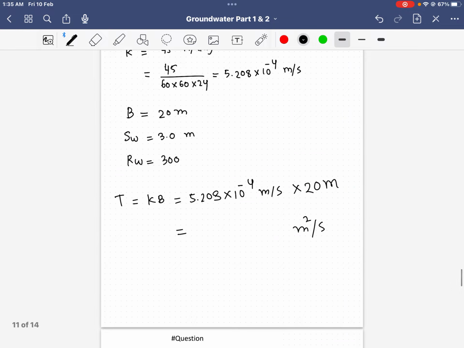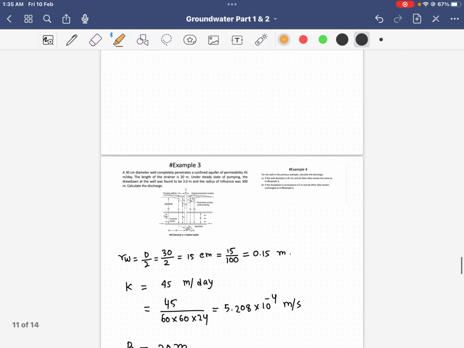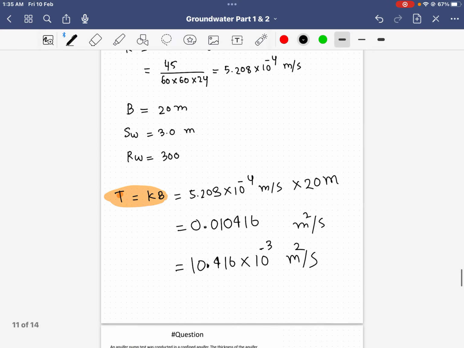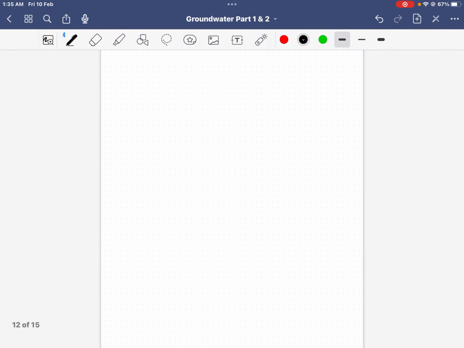If I multiply, it will be 0.010416, which I can also write as 10.416 times 10 power negative 3 meter square per second. So I already have the transmissibility T.